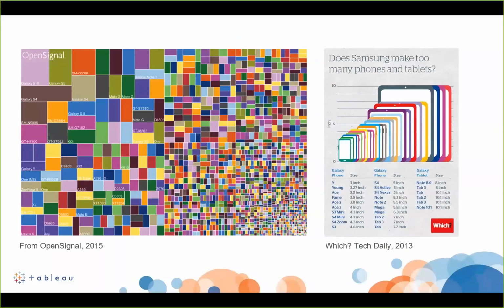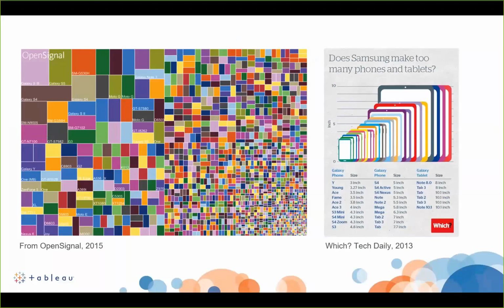And that's just for one person. Imagine an audience of 100 who all have various types of phones. And by the way, that picture on the right, it's a little bit older, but it shows the different models of Samsung devices, both phones and tablets, and in between, and what their screen sizes are.